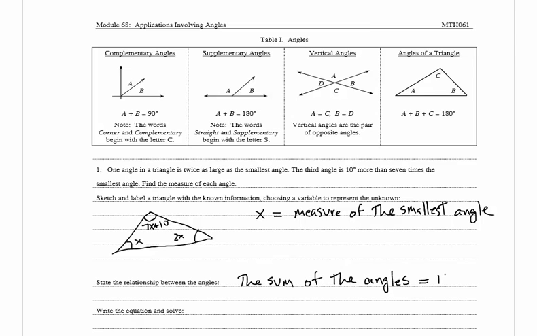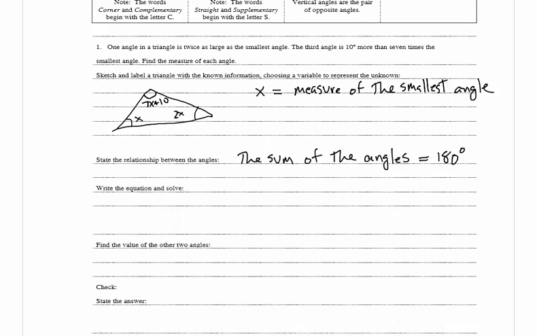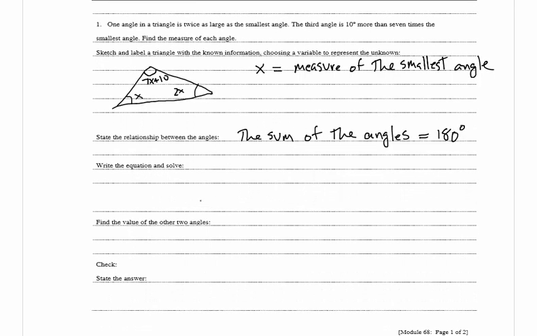equals 180 degrees. And now they want us to write the equation and solve. So we have one angle that's equal to x plus another angle that's equal to 2x and a third angle equal to 7x plus 10. And this is equal to 180 degrees.